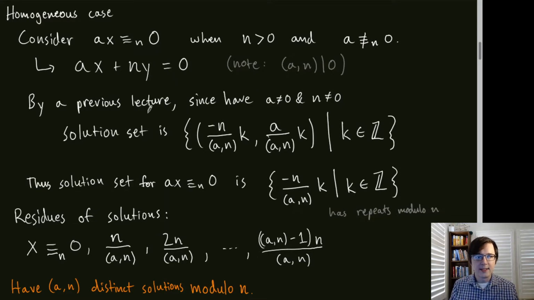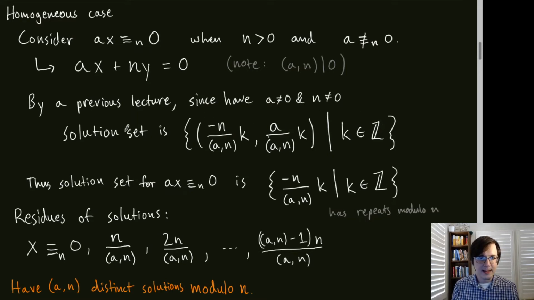Okay, so by that lecture where this was all introduced, we can just regurgitate what the lemma was, which gave the entire solution set to this equation, and that is the set of all pairs where the first one is for x and the second one is for y, where k ranges over the integers.